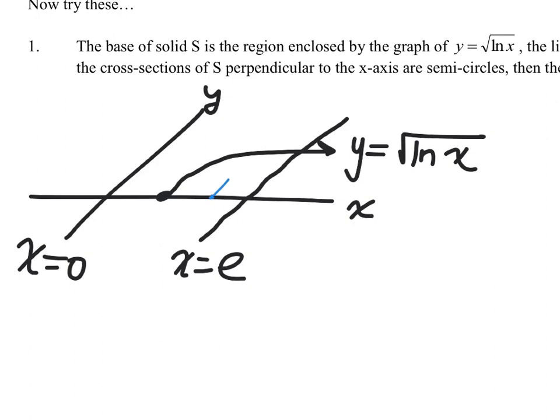So, a little line segment here, a nice little arc. Something like that, I guess. I don't know. Maybe a little bigger. I'll go a little bigger on it. A little thicker.